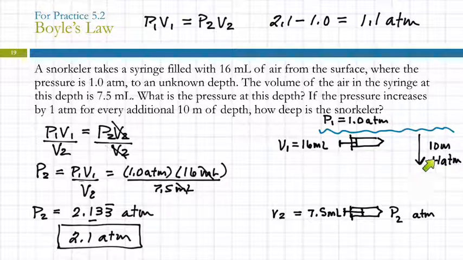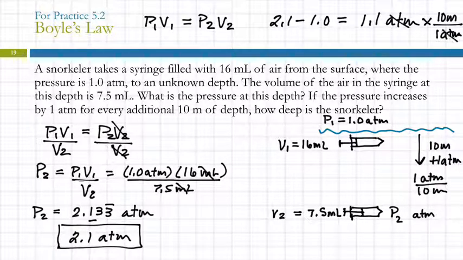I get an increase of 1 atmosphere for every 10 meters. That's a conversion factor. 1 atmosphere per 10 meters. So I could take this number of atmospheres and multiply by 10 meters over 1 atmosphere, and that's going to give me 11 meters.